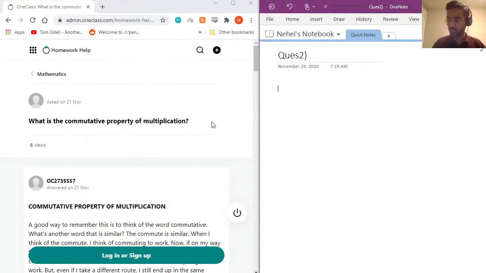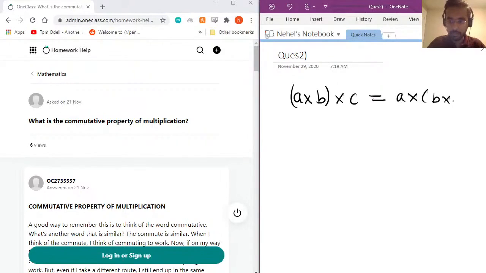So the way I would explain this is commutative property essentially means that A times B times C is equal to A times B times C in any order. So you can rearrange the multiplication of any number of expressions in any order and you'll still get the same answer.